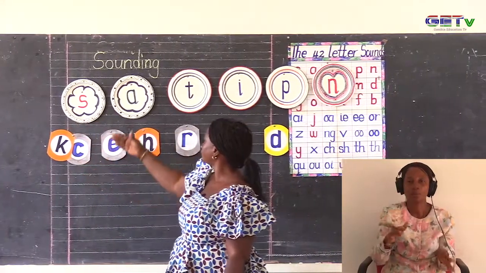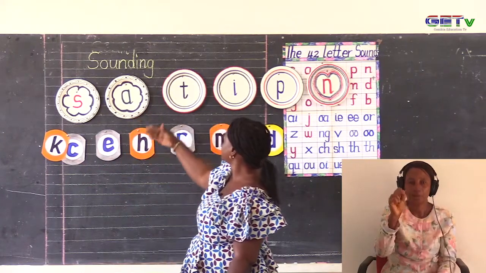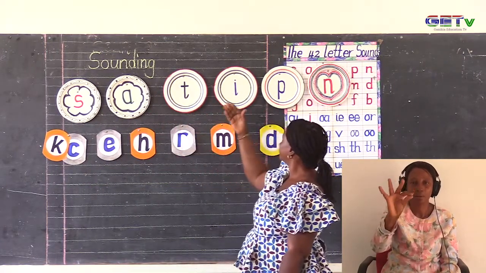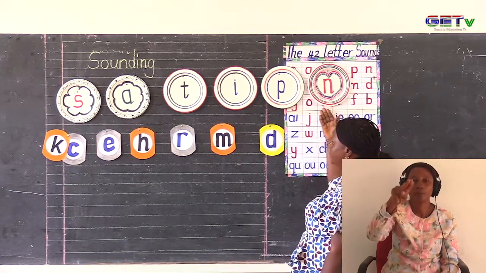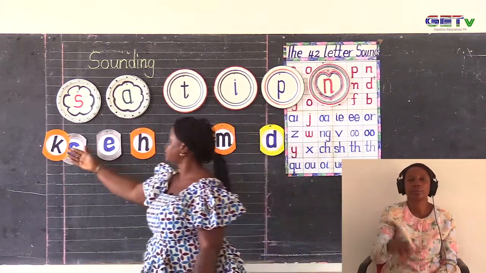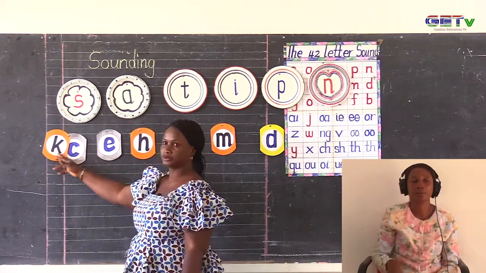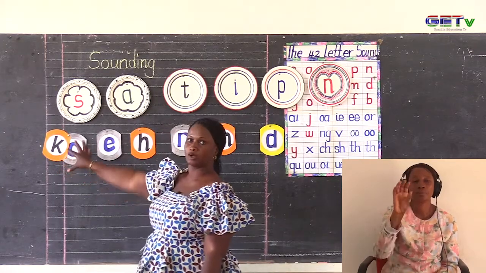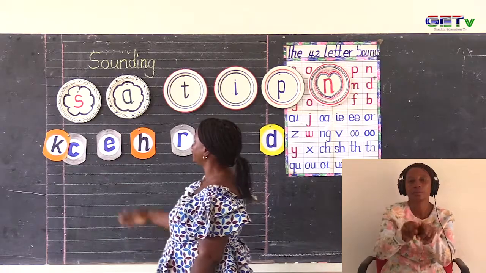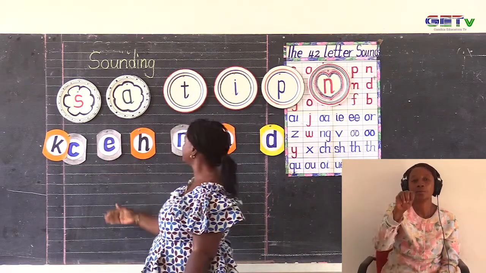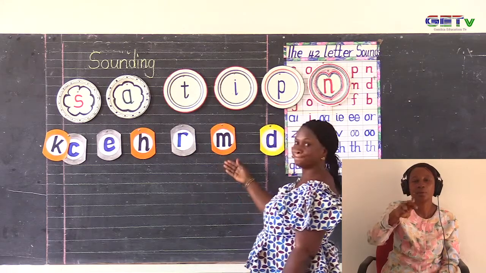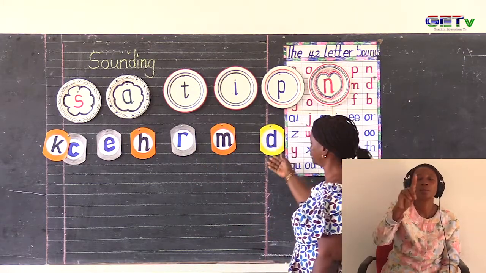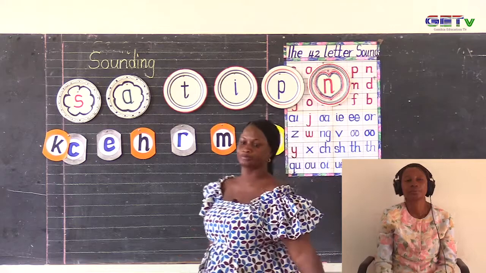S, A, T, I, P, N, K. If you look at this, you have the C and the K. They all have the same sound. And then you have E, R, M, and D. Very good.